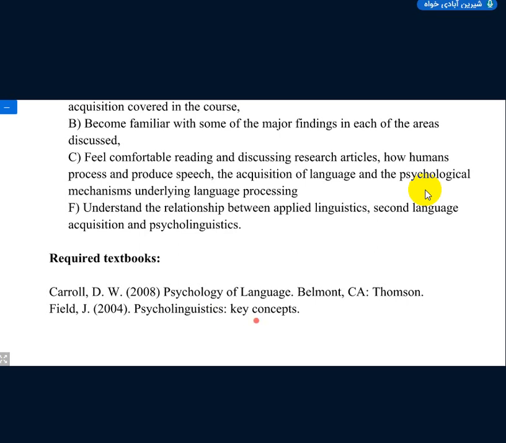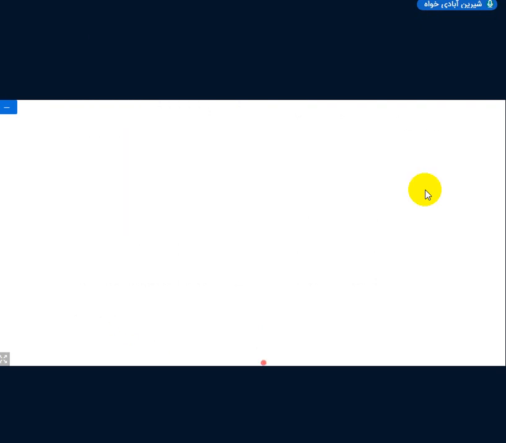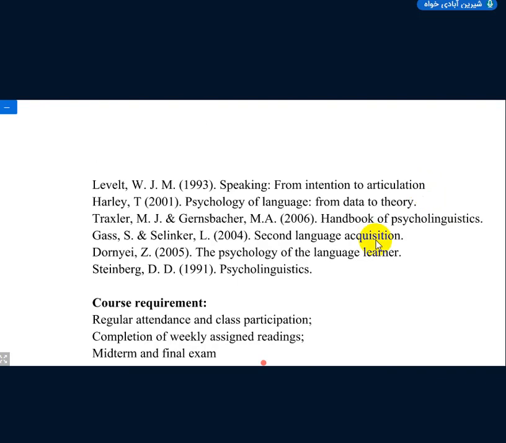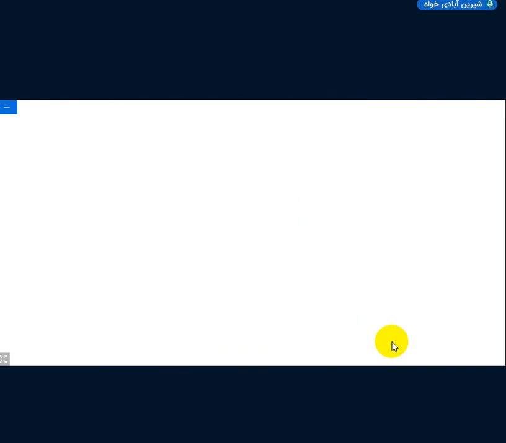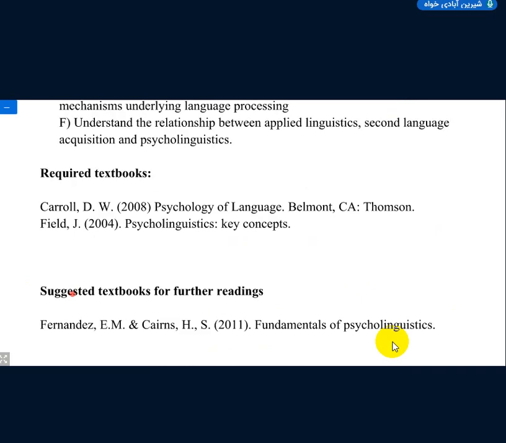I will give you Key Concepts in Psycholinguistics. He has 2 textbooks, and these are recommended books, not required books. So I am suggesting, if you are interested, you can study other textbooks.